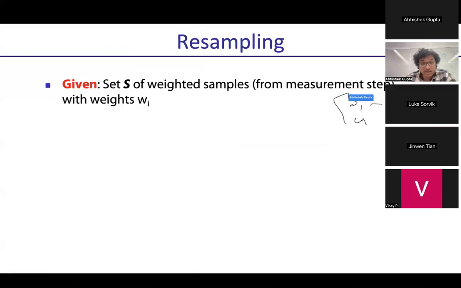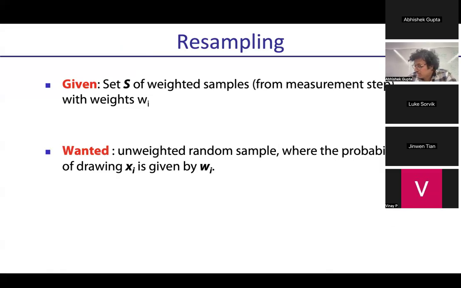Then we convert this into a set of unweighted particles, S1 to SK prime, which are different particles that don't have weights anymore. You replace weights with duplicates, shifting the balance of which particles are in your set, to deal with numerical stability.